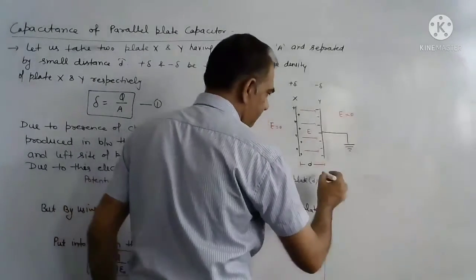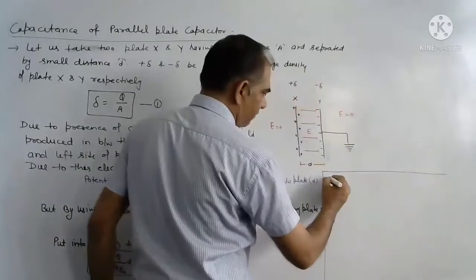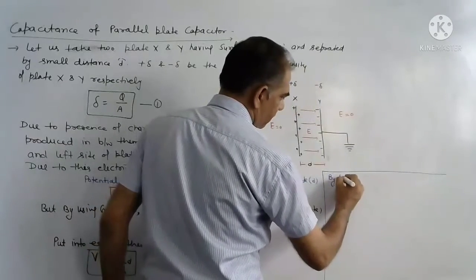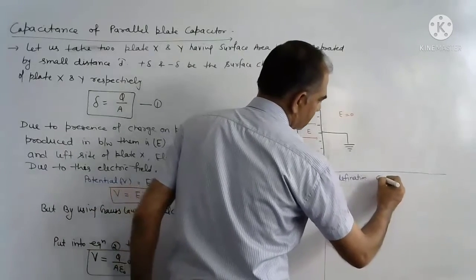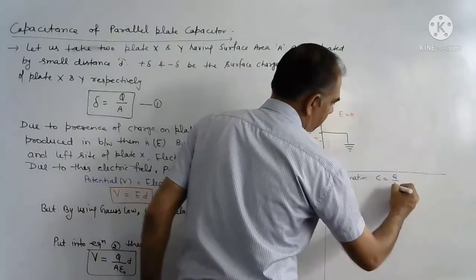By definition, capacitance C is equal to charge upon potential.